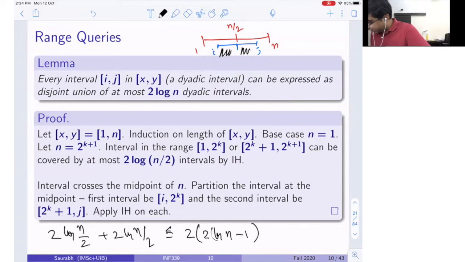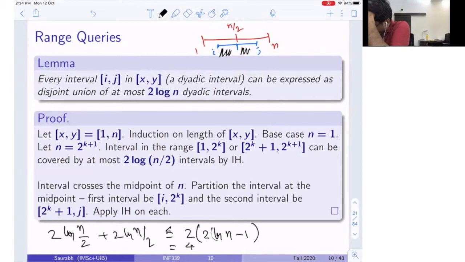So this is like 4. Is this correct? What did I need? I needed 2 log n, right? Am I getting 2 log n? I don't think so. Saket? Yes?